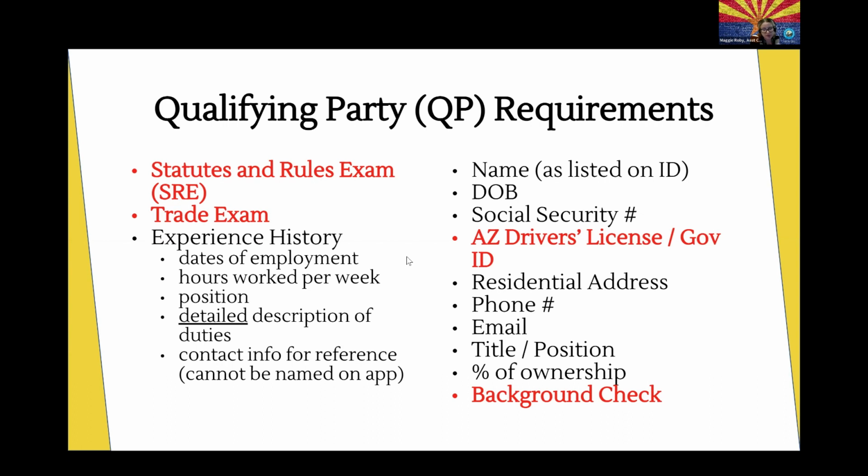Anybody and everyone who's going to be on your license needs a valid and legible government ID. We do need contact information, their phone number, their email, and as well as anybody else who's going to be listed on the license, we will need a valid and completed background check, and we'll go over that a little bit later as well.